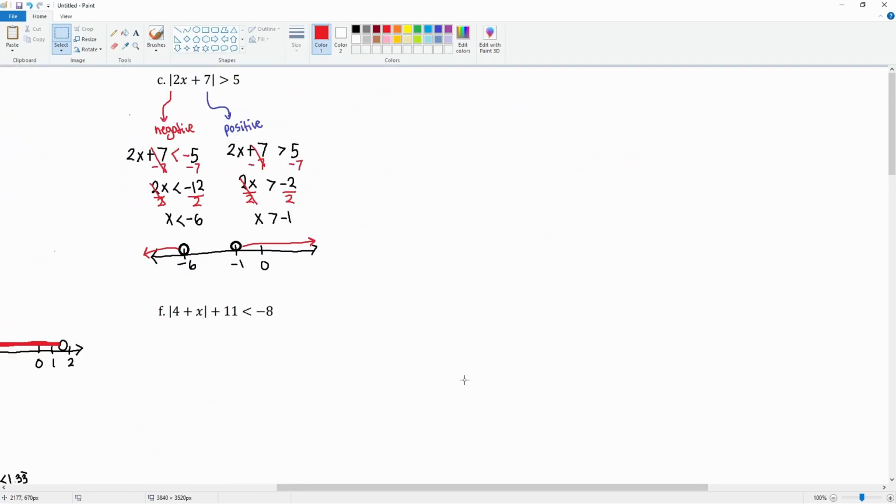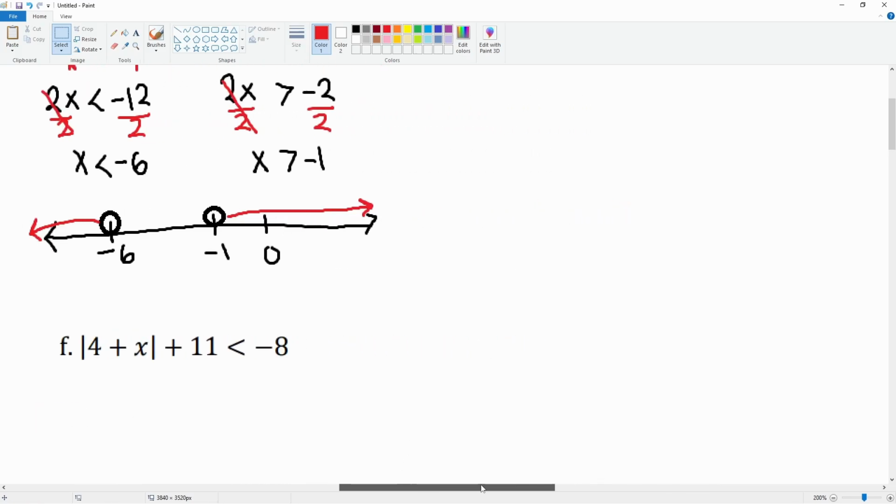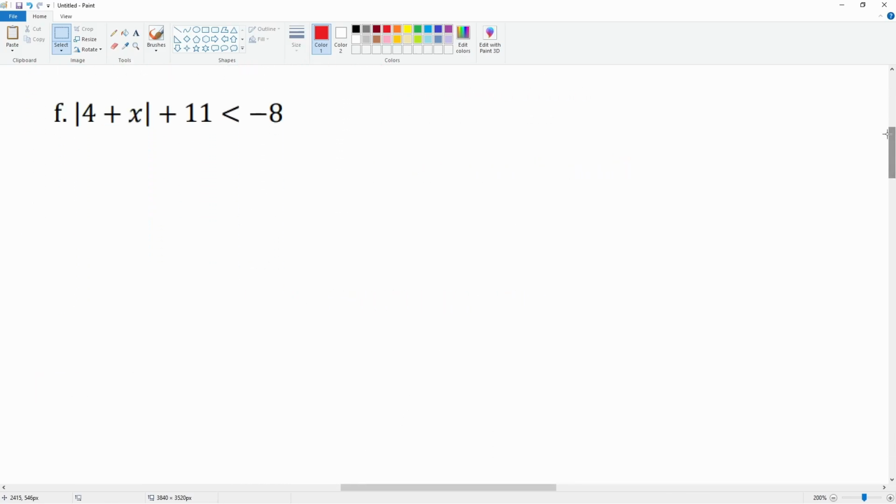All right. So let's do f. Make sure the absolute value is by itself. Subtract 11 on both sides. Here's the line. This does cancel. The absolute value here is absolute value 4 plus x.